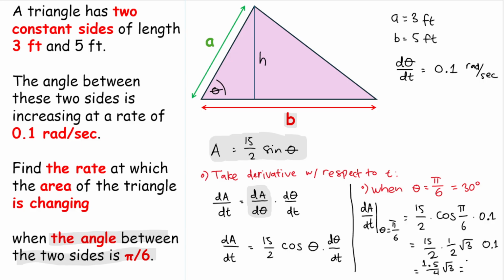So we will have 3/8 square root of 3. And then the unit is feet per second. So we know that the rate at which the area of the triangle is changing is 3/8 square root of 3 feet per second. This is the final answer for this question.